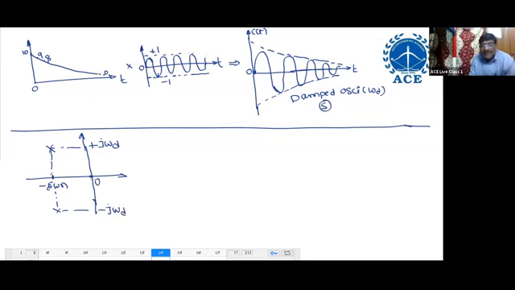The approximate response is some constant k into e power minus zeta omega n t, sine of omega d t. I can write it directly.